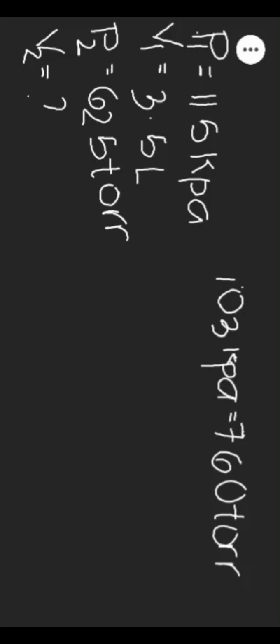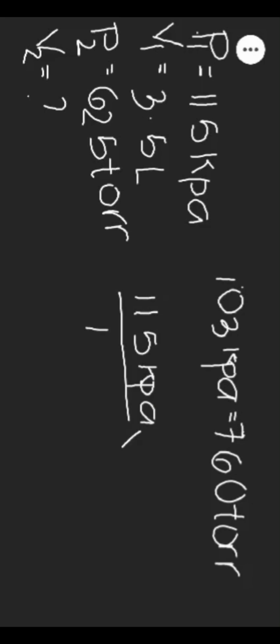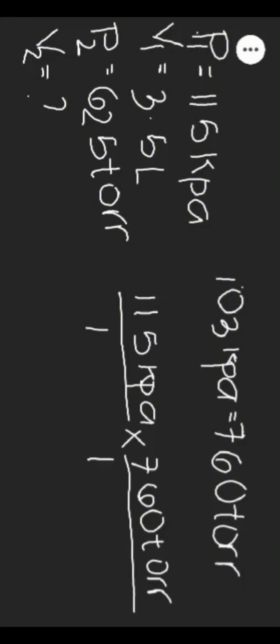So I'm going to put 115 kPa over 1 times 760 torr over 101.3 kPa at the bottom, so that the units of kPa will cancel.